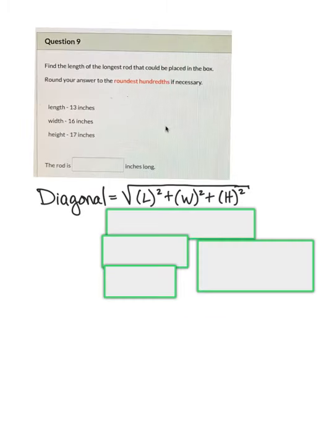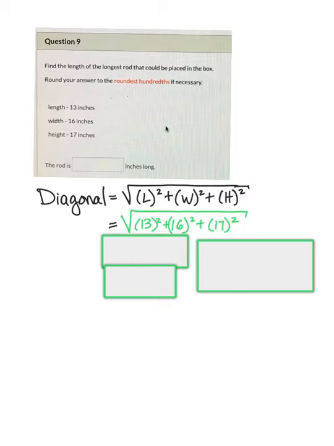Number 9, it says find the length of the longest rod that you can place inside a box. If you really think about it, again, it's that diagonal that we're looking at. So again, it's the length squared plus width squared plus height squared. Put those in. So we have 13 squared plus 16 squared plus 17 squared. Add them together. We get square root of 714. Put that in your calculator.